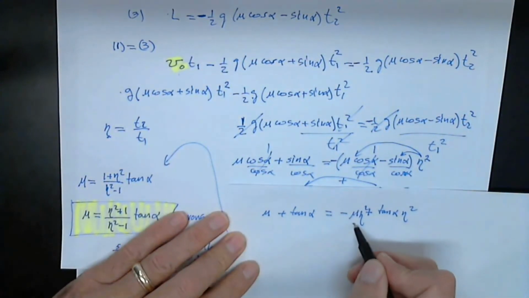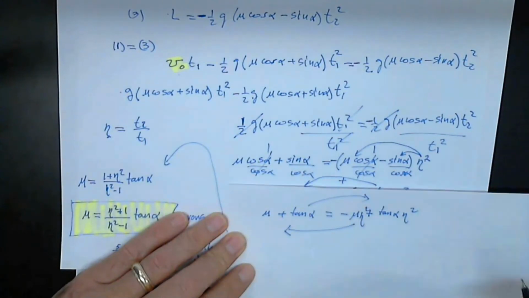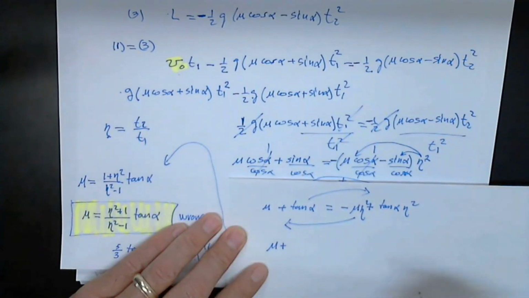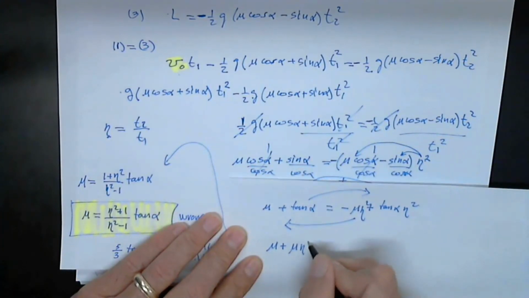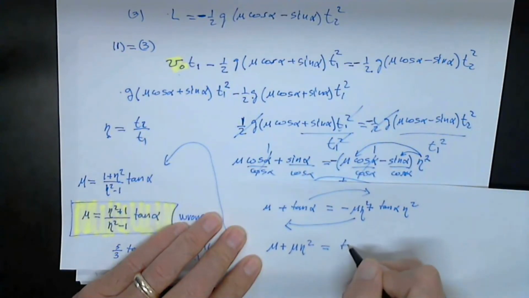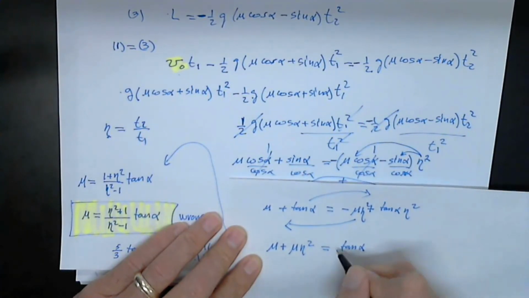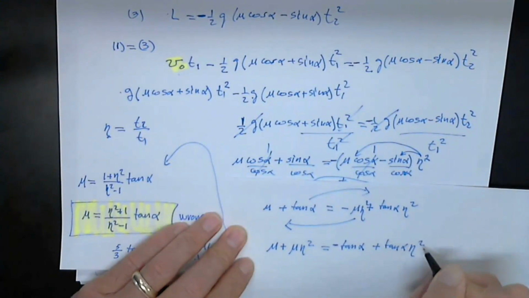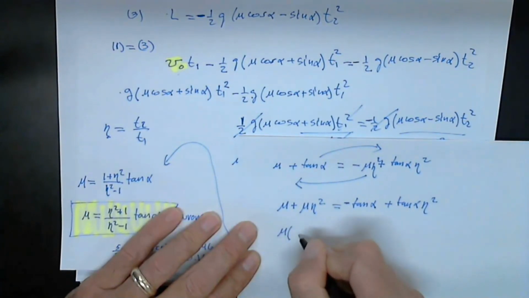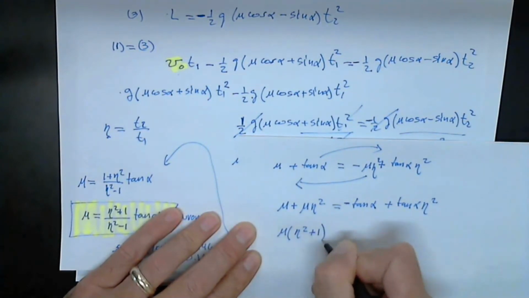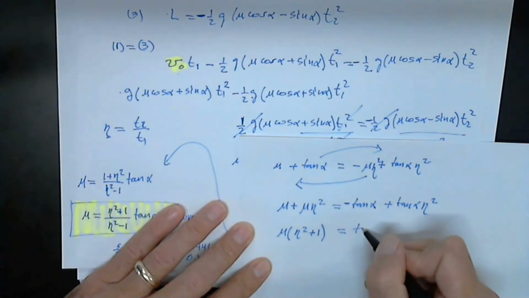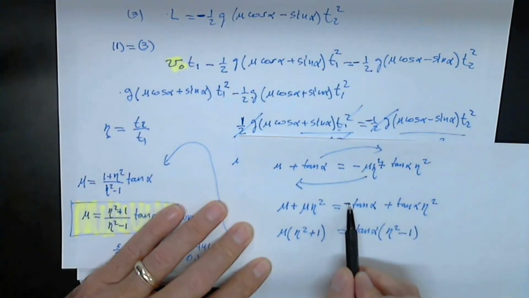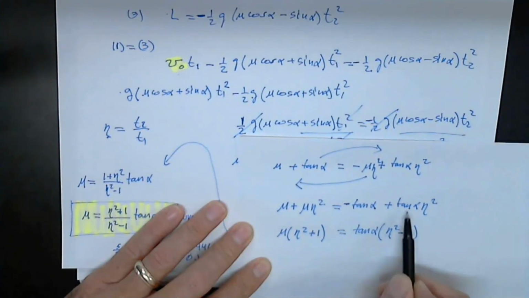Then I move this to this side and this to this side, so I get mu plus mu squared, and here tangent of alpha minus tangent of alpha plus tangent of alpha mu squared. So mu times mu squared plus 1, common factor tangent, and mu squared minus 1.